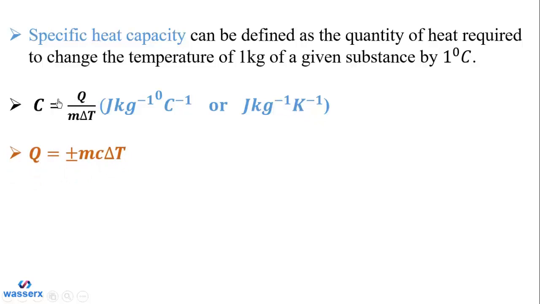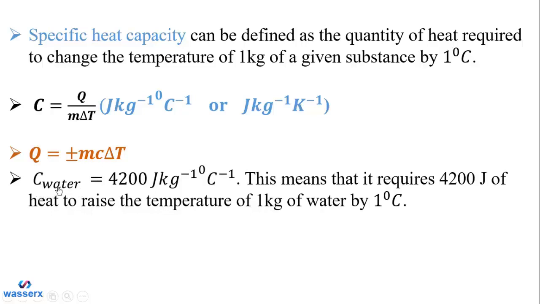So we can rewrite this relation to obtain amount of heat is equal to plus or minus mass times specific heat capacity times change in temperature. The plus is when there is heat gain and the minus is when there is heat loss.